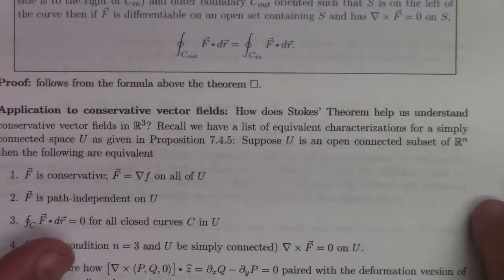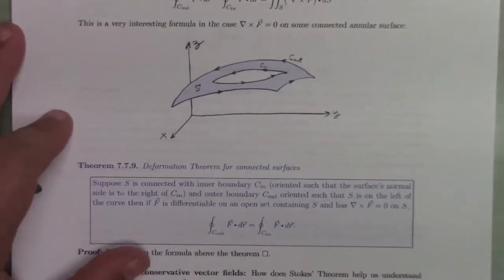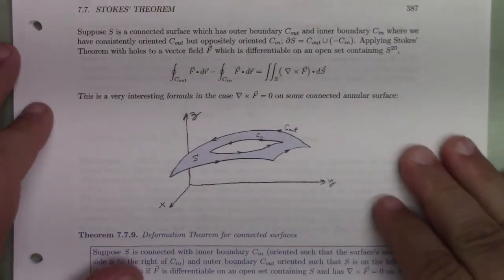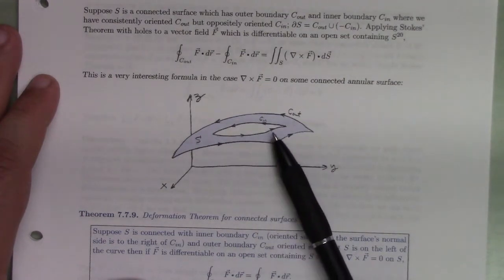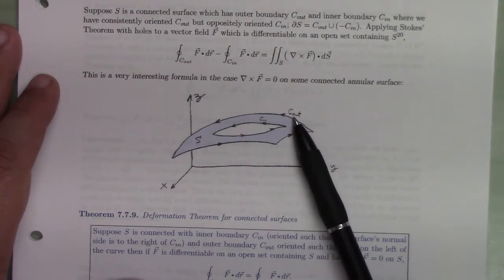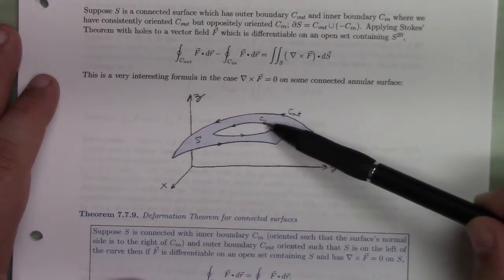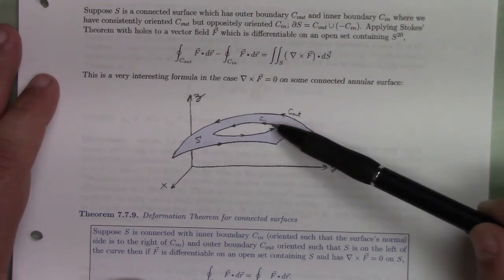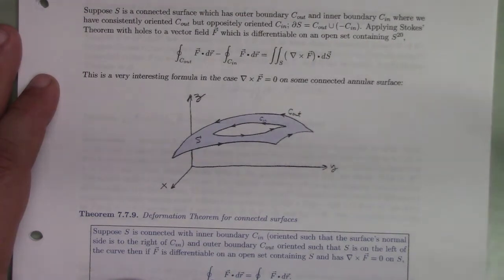And then there's also a deformation theorem for Stokes' theorem, which says that if you have a surface like this, so you've got a counterclockwise oriented inner boundary and a counterclockwise oriented outer boundary, and if the curl of f is 0 between here and here, then it follows that the line integral around C in and the line integral around C out of f is equal.